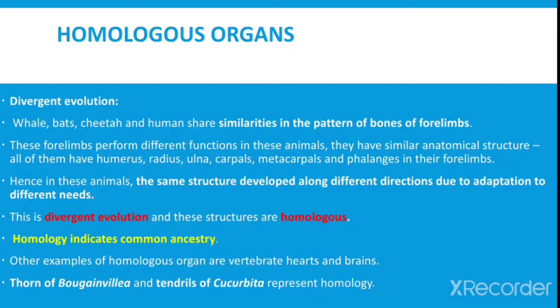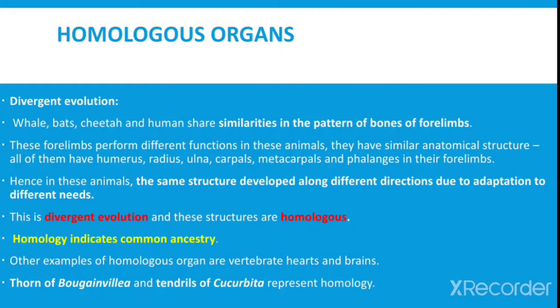Then homologous organs. Homologous organs, homo means same. So whale, bats, cheetah and human, they share similarities in the pattern of bones of forelimbs. The forelimbs perform different functions in these animals, but they have similar anatomical structure.